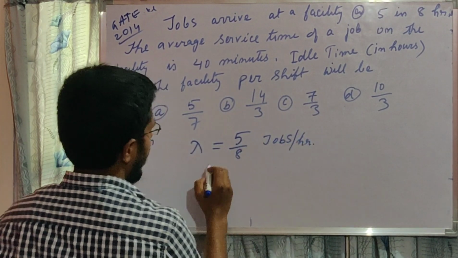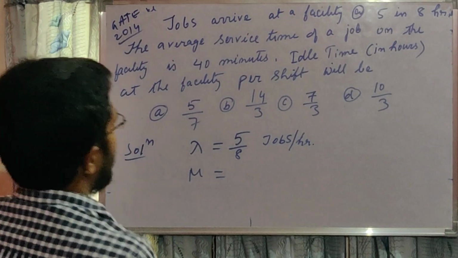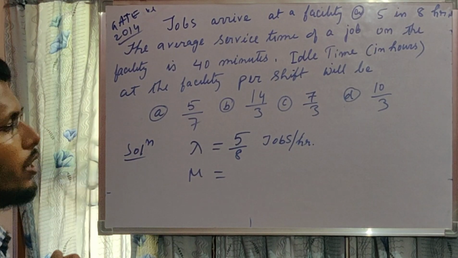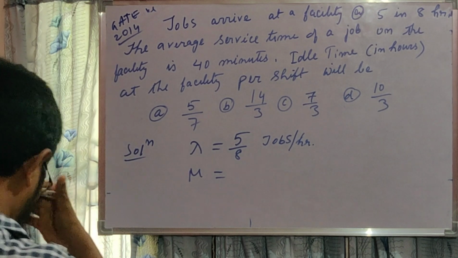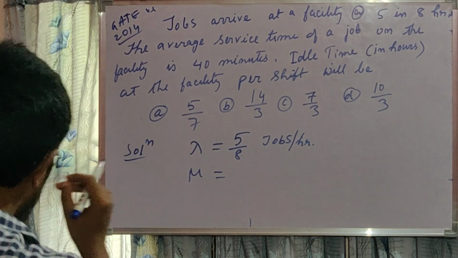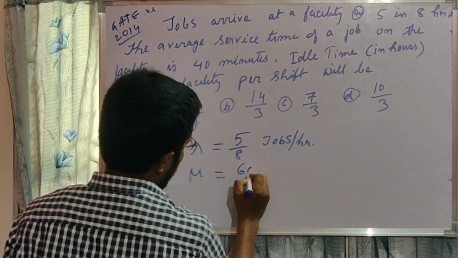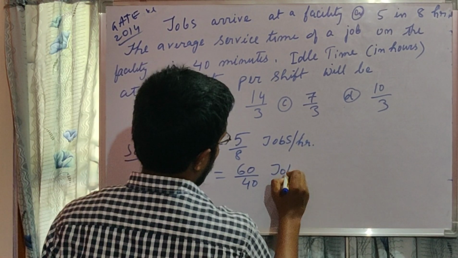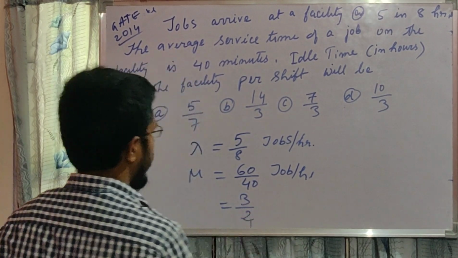Got it? Mu is given as, for one job they take 40 minutes. So in 1 hour, how many jobs will be repaired? 60 upon 40 jobs per hour, or you can say 3 upon 2.